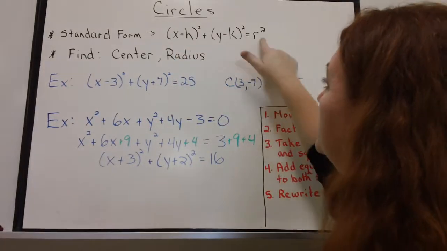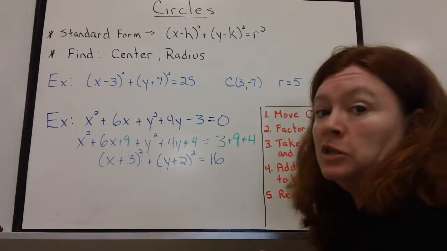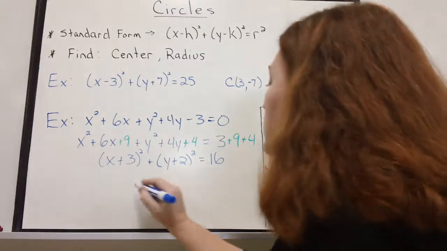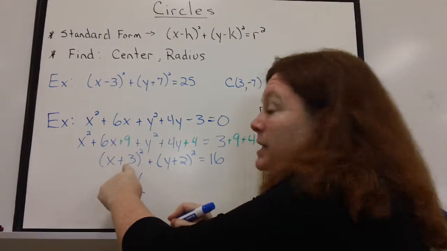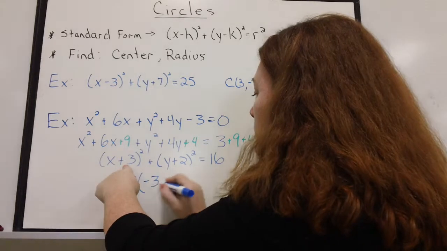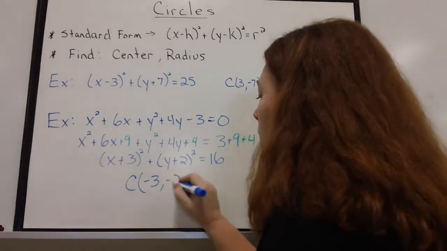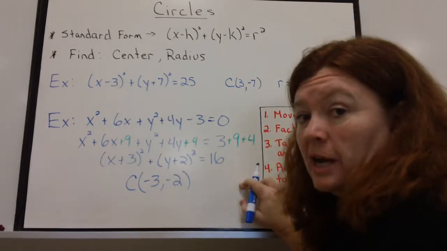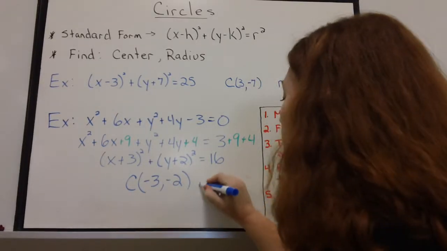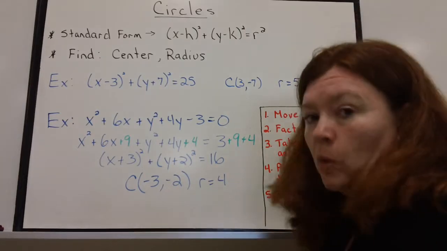So it looks like this. And I can now answer the 2 questions. Find the center. The center is, remember, inside the house, do the opposite. -3 for the x, -2 for the y. And since this number is r squared, I'm going to take the square root and find that r is 4.